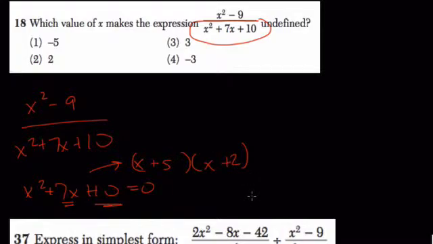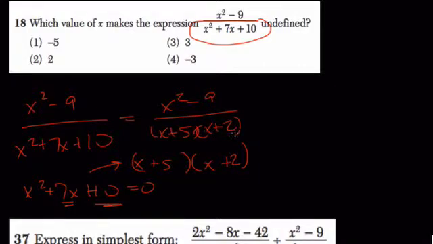So what does that mean? Well, here, if x was equal to negative 5, or if x was equal to negative 2, we would get 0, right? Because if I rewrite this, I get x squared minus 9 over x plus 5, same form, times x plus 2.